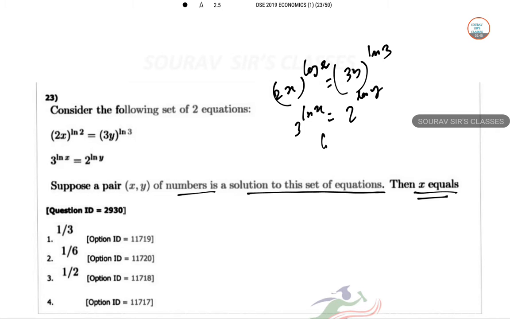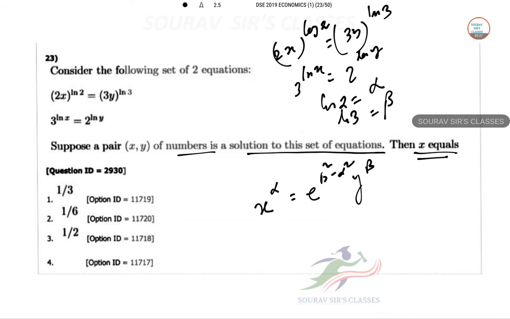Now if we take log 2 equal to alpha and log 3 equal to beta, then the two equations can be written as x to the power alpha times e to the power beta square minus alpha square equals y to the power beta.